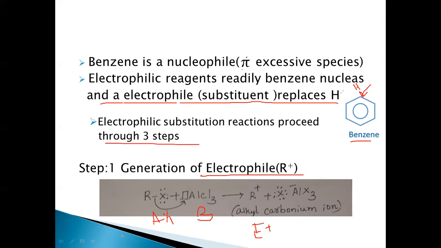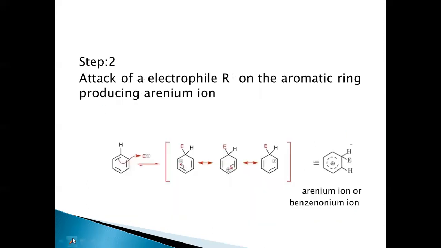In the second step, this electrophile, generally taken as E plus, comes and attacks the benzene nucleus, resulting in the formation of an arenium ion or benzenium ion.